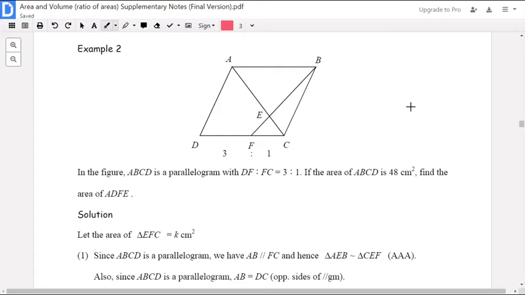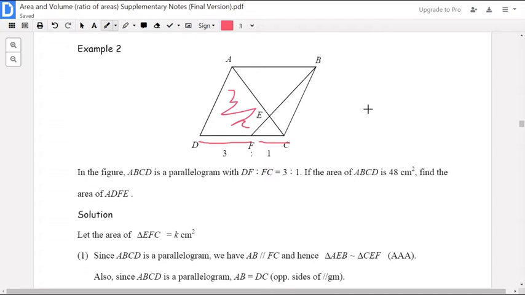Example 2. In this figure, ABCD is a parallelogram, and we know that the ratio of the length of DF to FC is 3 to 1. Suppose the area of the whole parallelogram is 48. Find the area of this part, ADFE.